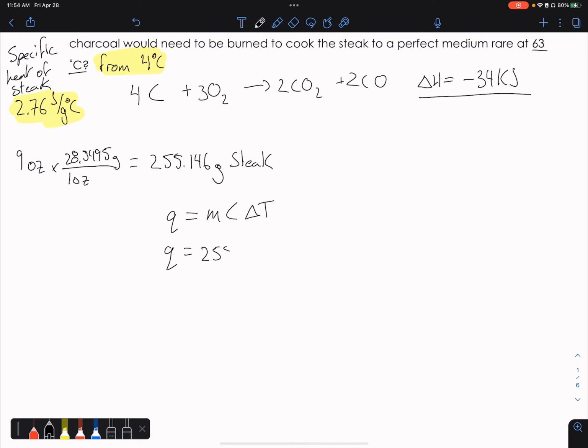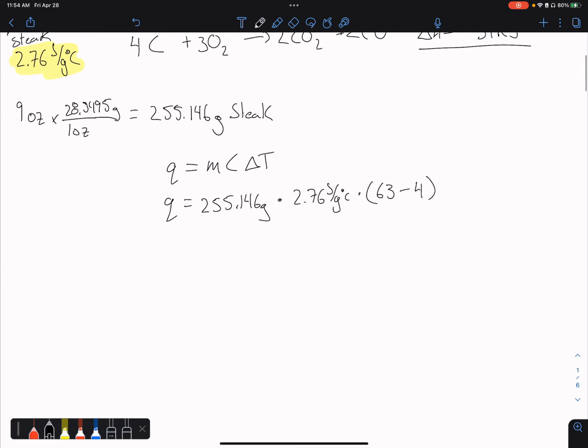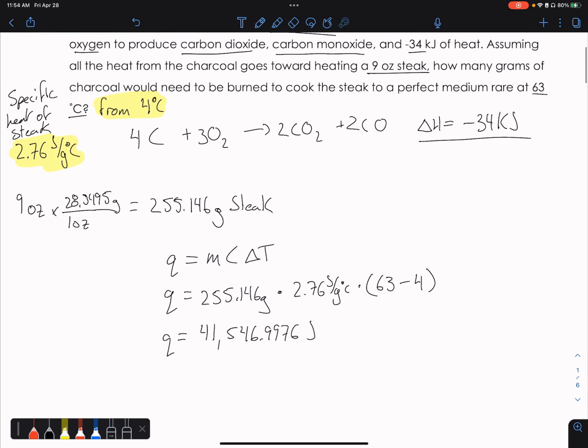M is the mass of our steak, 255.146 grams, times the specific heat capacity, which is 2.76 joules per gram degree C, times the change in temperature, which will be our final temperature, 63 degrees C, minus our initial temperature, 4 degrees C. So 255.14 times 2.76 times 63 minus 4. So Q equals 41,546.9976 joules.